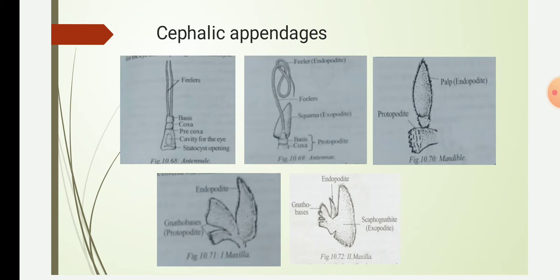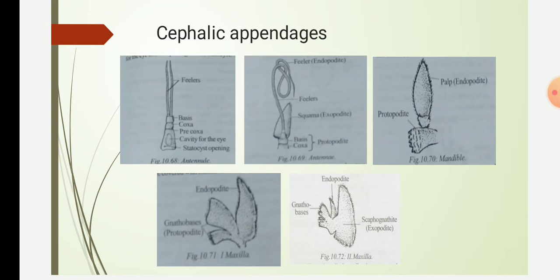The first pair of appendages of prawns is the antennules, and they are cephalic appendages. They are biramous, that is, bifurcated into two. They lie below the eye stalk.